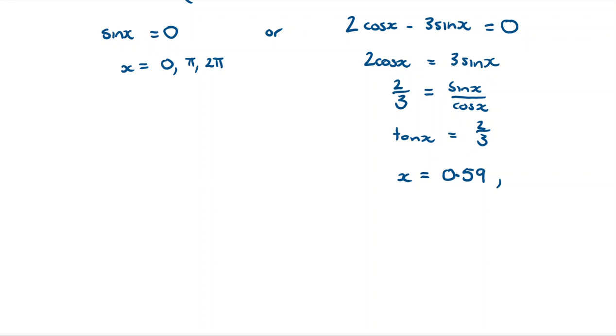So on your calculator, type in pi plus the 0.59. Yeah, because it's 180 to move it into the third quadrant. So we've got 0.59 for the first solution, and it should be 3.73 for the other one when you type in what pi plus 0.59 is.